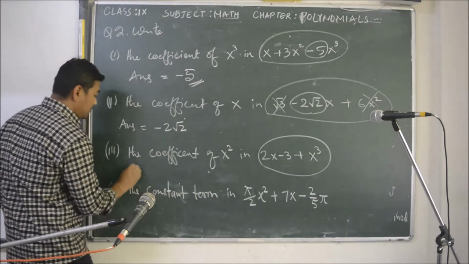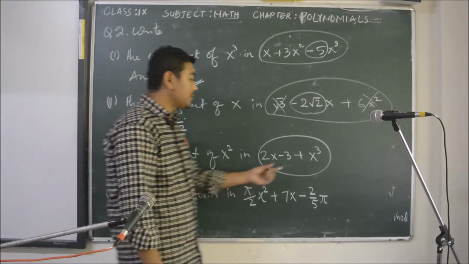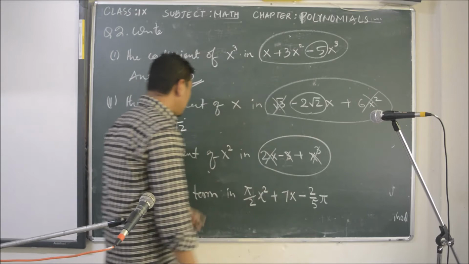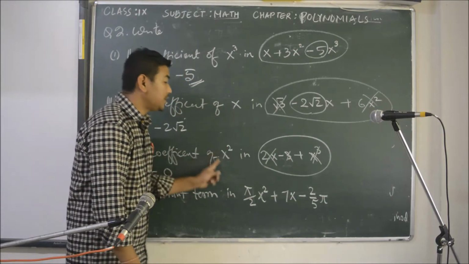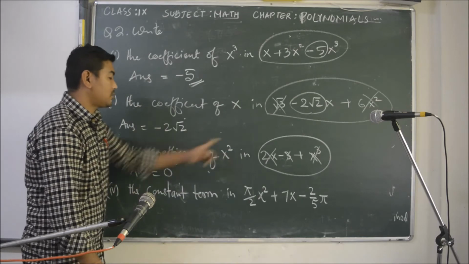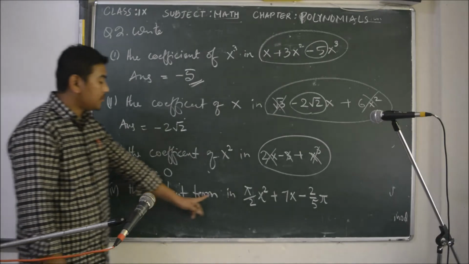So here the answer will be 0. Why 0? This is x cube term, this is x term, this is a number. In fact, there is no x square term. If there is no x square term, then you directly write the coefficient of x square will be 0.